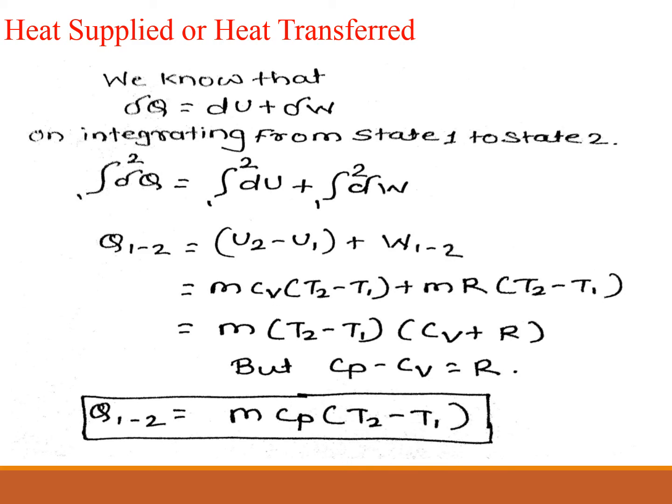But Cp minus Cv is equal to R. So using this relation, we get Q 1 to 2 is equal to m Cp (T2 minus T1).